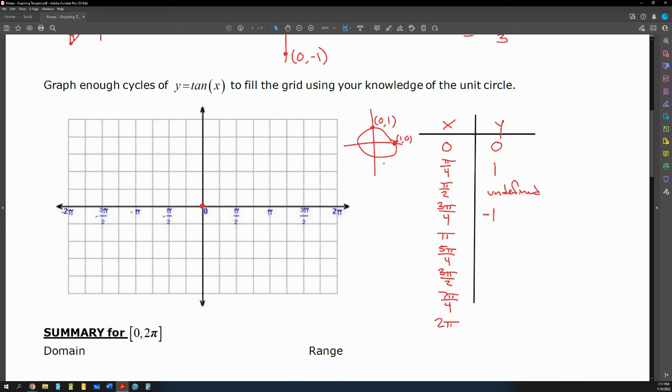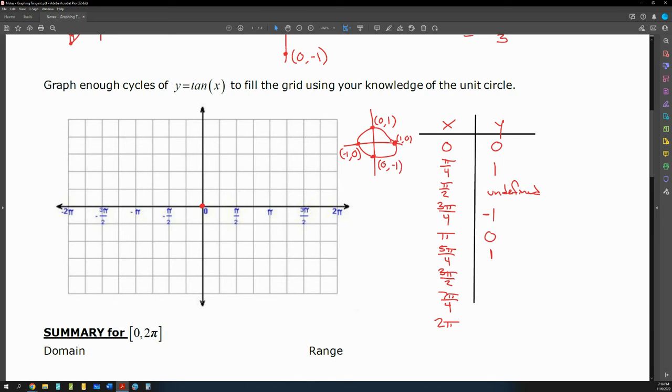At pi, this has coordinates negative 1, 0. So y over x is 0 over negative 1. The tangent is equal to 0. 5 pi fourths is that 1 again, but it's going to be positive because we're in quadrant 3. You might be seeing a pattern now. 3 pi halves, we have that 0, negative 1.